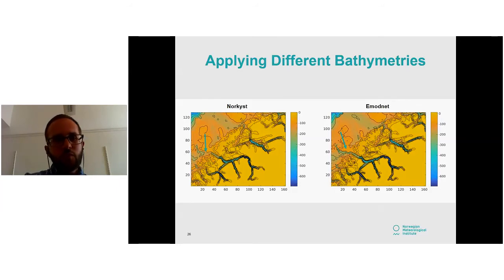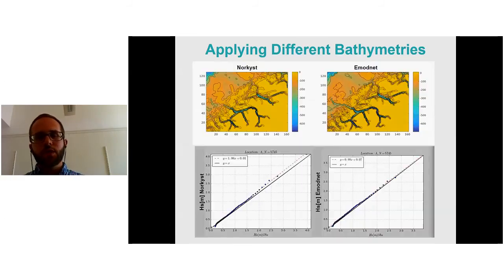For example, with the vectors, we can see that in the opening of the fjord it's quite deep. We see a difference between these two data sets. So we make a simulation. We run our model with exactly the same input, but we just change the bathymetry.